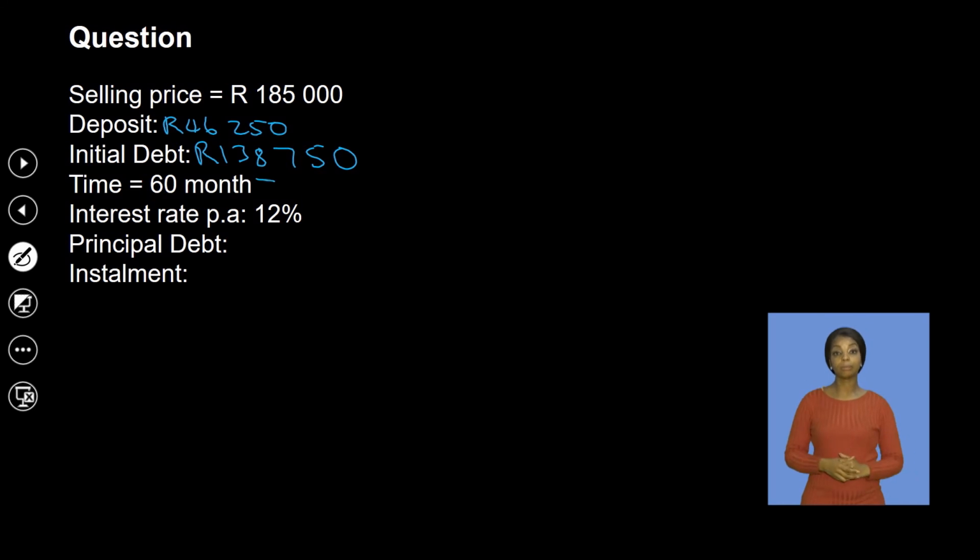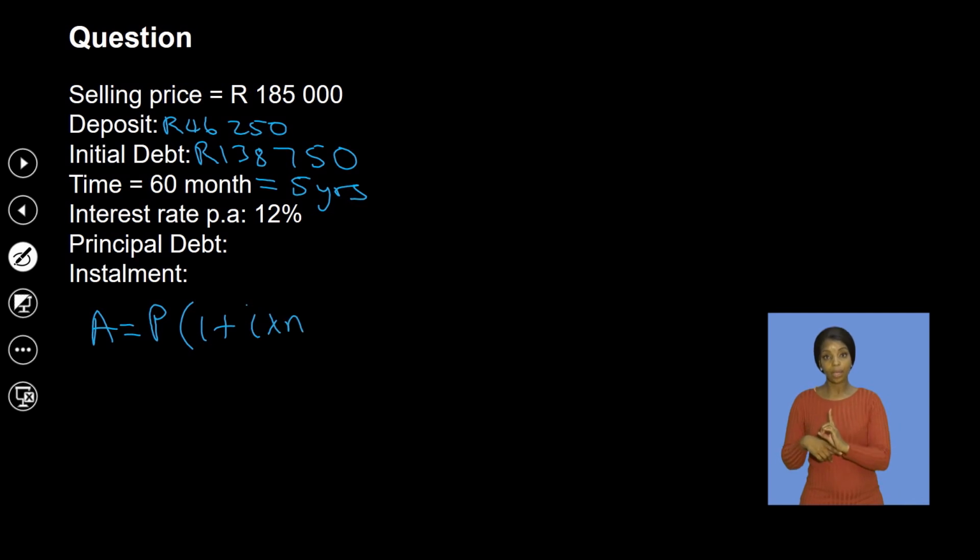The time, remember, is 60 months, which is actually 5 years, because normally simple interest we deal with years. The interest rate is at 12%, and then the principal debt will actually mean that it's going to be the initial debt plus the interest, right? So that will be A is equal to P into 1 plus i multiplied by n.